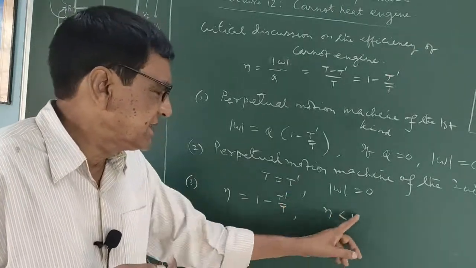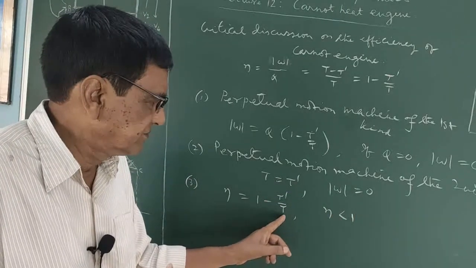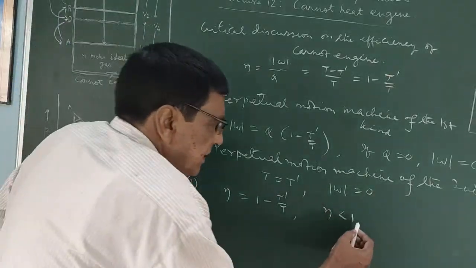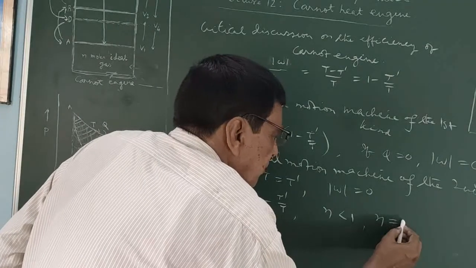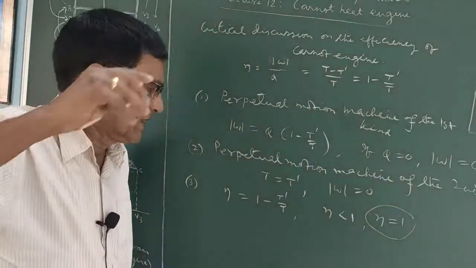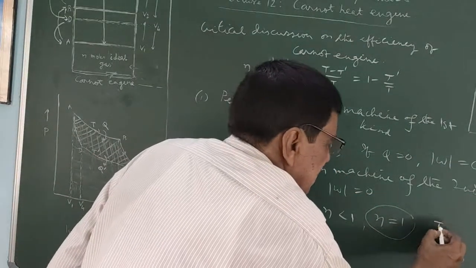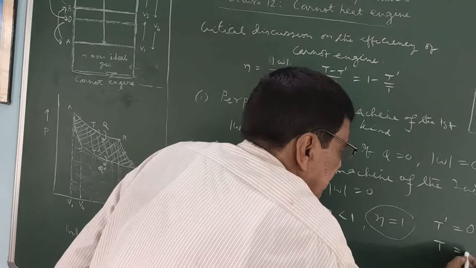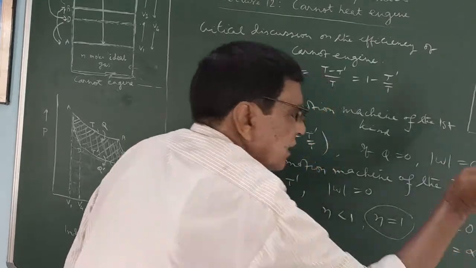So efficiency is less than 1; this is a fraction, and eta will also be a fraction. Eta will be equal to 1 only when T dash equals 0 Kelvin and T equals infinity Kelvin.